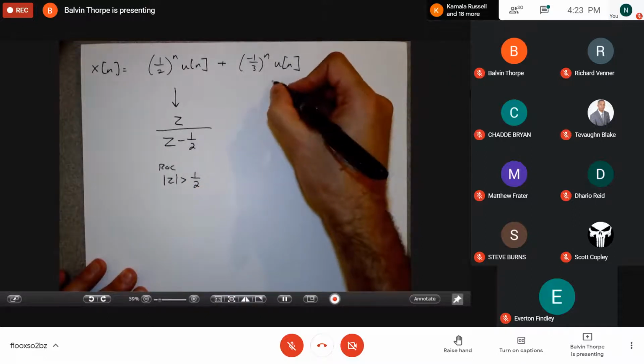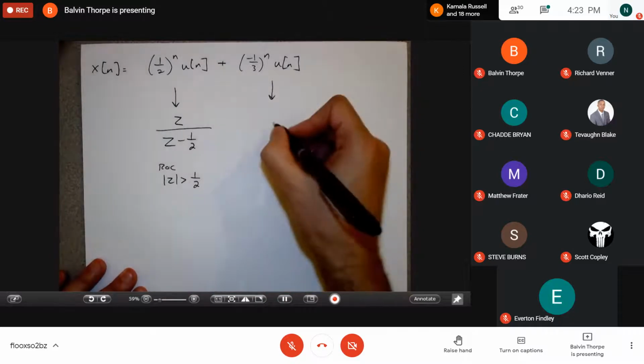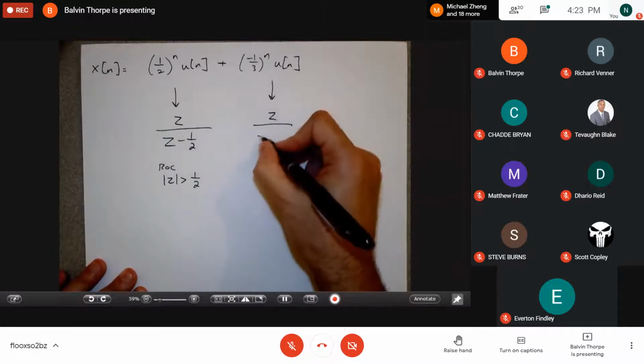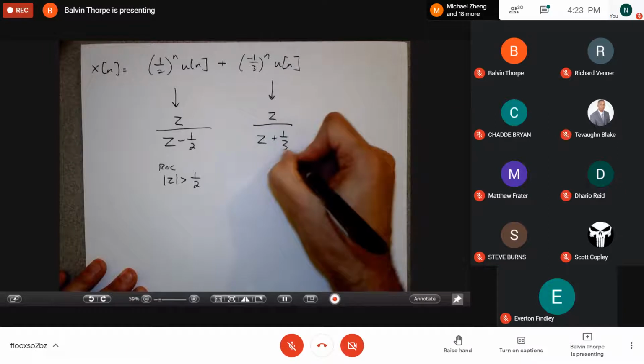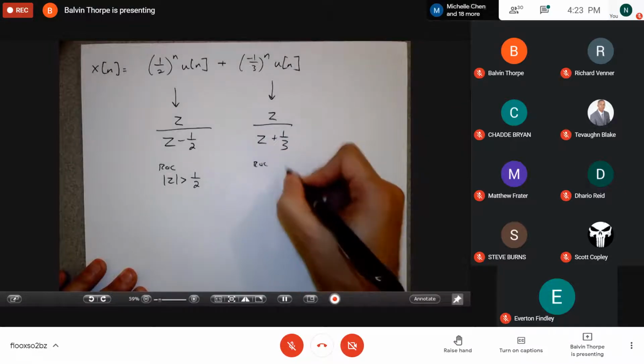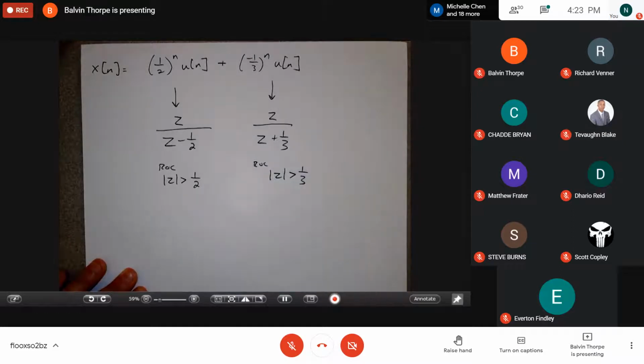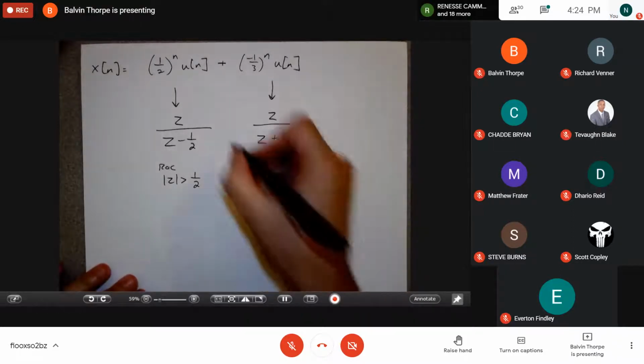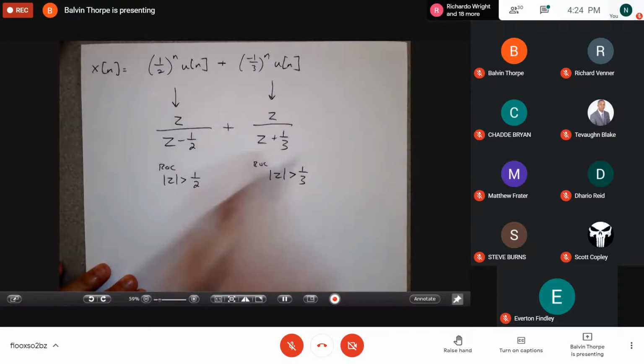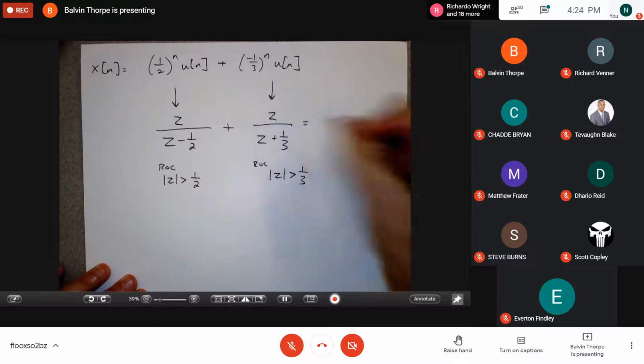This guy has the transform Z over Z plus a third, and the ROC here is going to be absolute value of Z greater than a third. Okay, and so now the Z transform is going to be the sum of these things, and I can just compute it out.